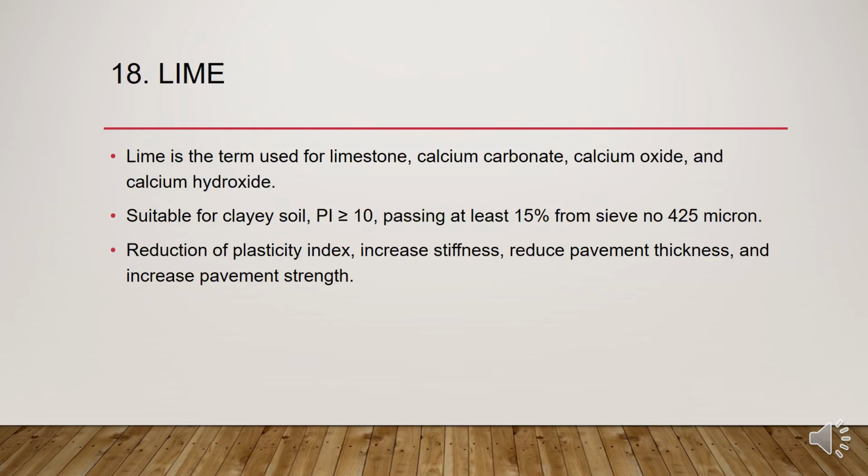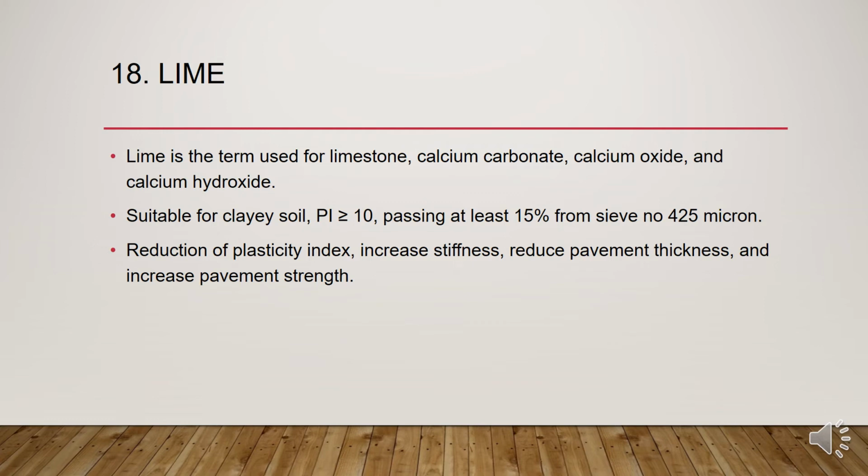Lime stabilization. Lime is the term used for limestone, calcium carbonate, calcium oxide, and calcium hydroxide. In soil stabilization, two forms of lime are used, which are calcium oxide or quicklime and calcium hydroxide.